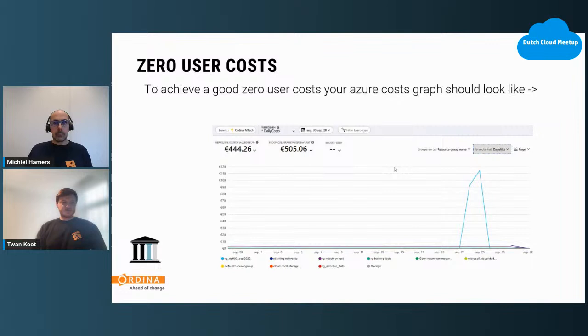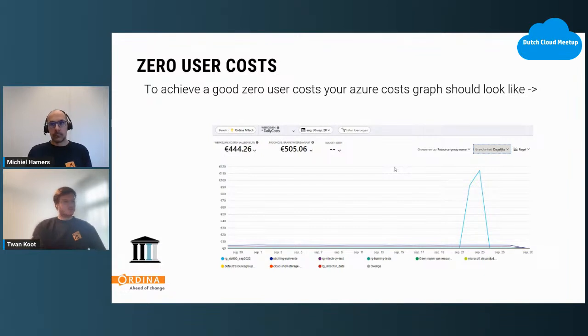This is a good graph based on zero user cost. What you see is a really low bottom line and daily cost, and then we had a release in this instance, and you can see the blue line spiking up with some traffic, with some deployments, and then afterwards it goes down to the level.